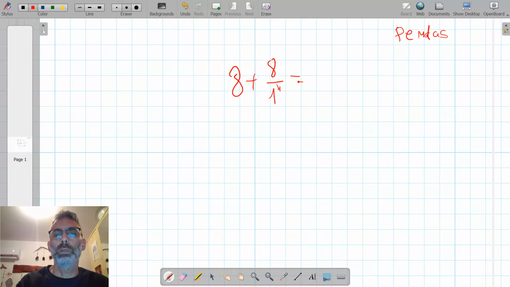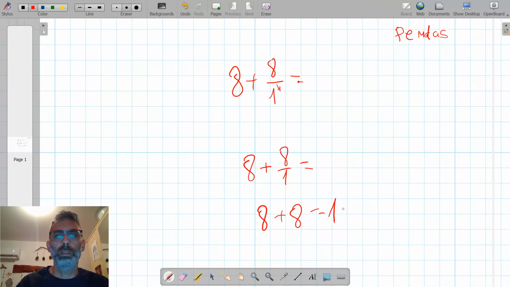So first I evaluate the 1 to the power of 4, which is 1. Okay, so 8 plus 8 over 1, and 8 over 1 is 8, so 8 plus 8 is 16.